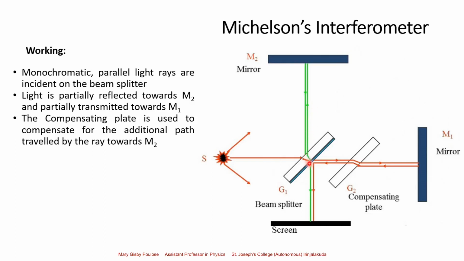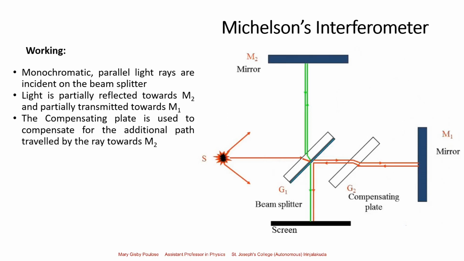It has traveled an additional path here, then moves towards the mirror, gets reflected, comes back, and again travels an additional path. So the additional path traveled in the beam splitter is 2μt, where μ is the refractive index of the beam splitter and t is its thickness.